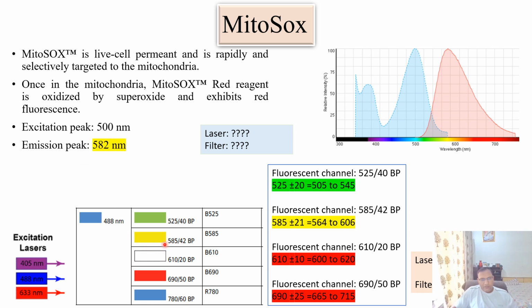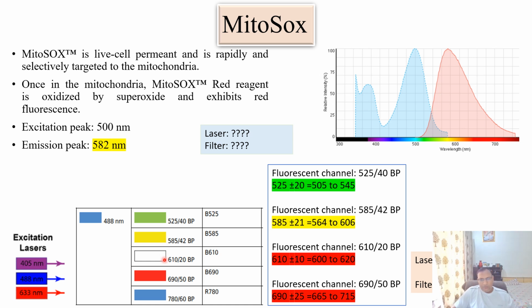Now the second filter is this color, having 585/42 band pass. So it is 582 plus minus 21, that is 562 to 606. This means the emission peak comes in this range, so we can detect MitoSOX from the second filter.